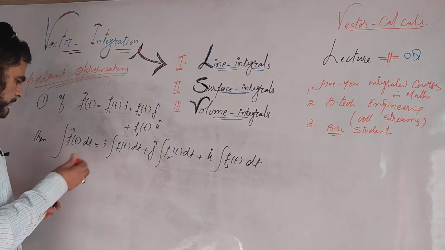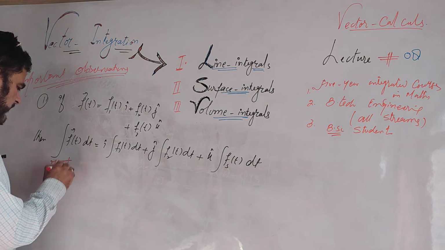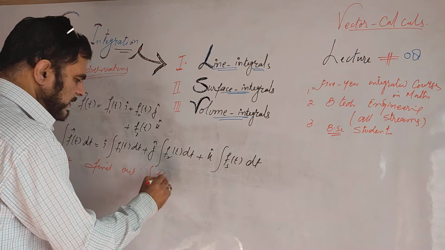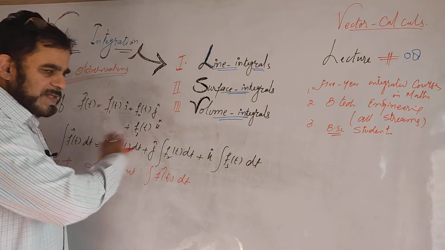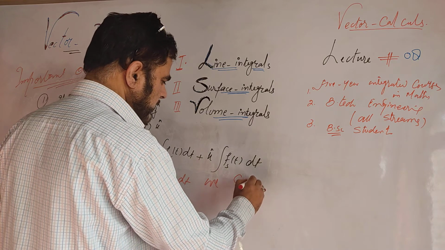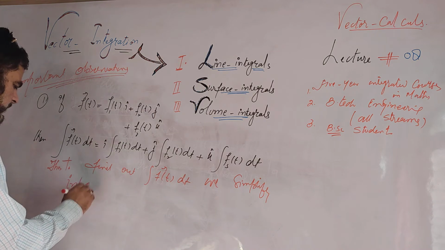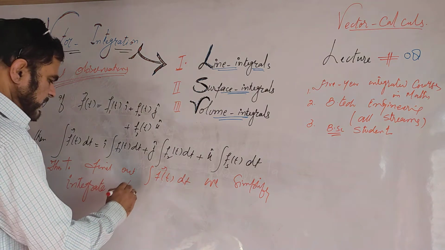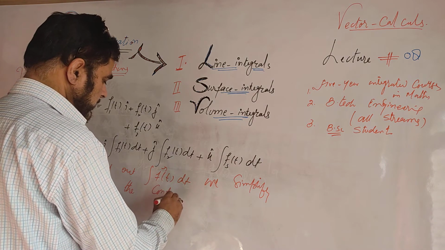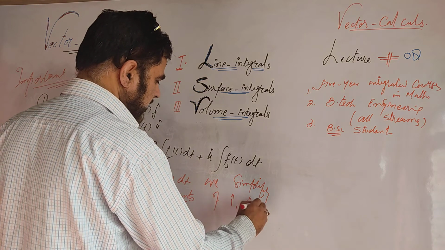Thus, to find the integral of f of t dt when it is expressed as a vector, we simply integrate the components of i, j and k.